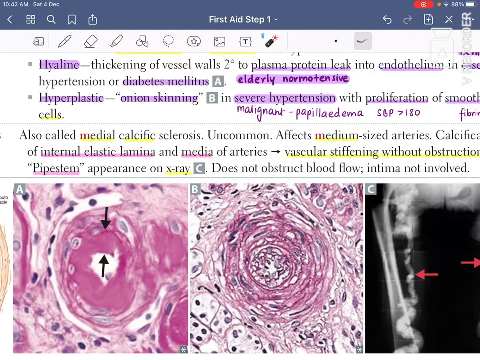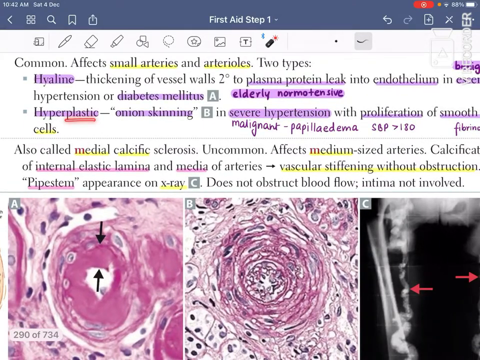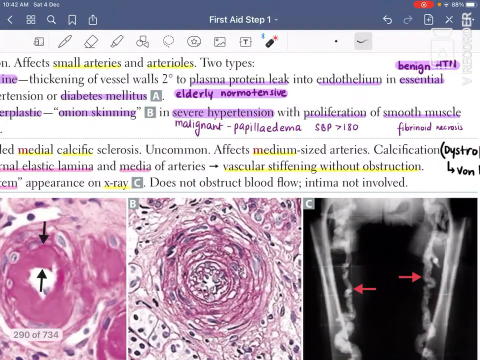Hyperplastic changes happen in severe hypertension, because of the proliferation of smooth muscles. I had seen in some other notes that proliferation of smooth muscles happens here as well, but I won't go into too much confusion, so I'm just keeping it here. Another thing is that fibrinoid necrosis takes place in this.